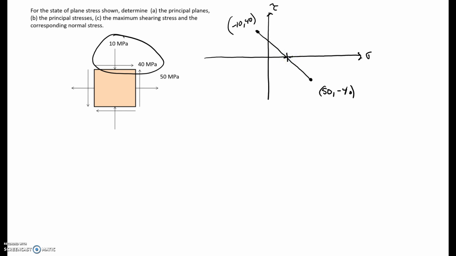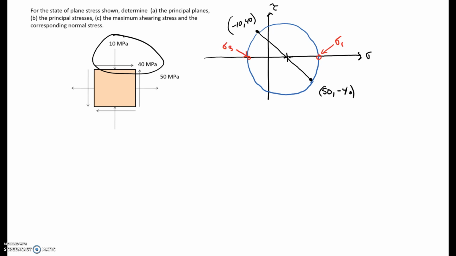If I spin this around, make a circle out of it, there's more circle. The principal stresses that I'm trying to find are all the way on the left and the right. This is sigma 1, the major principal stress. Back here is sigma 3, the minor principal stress.